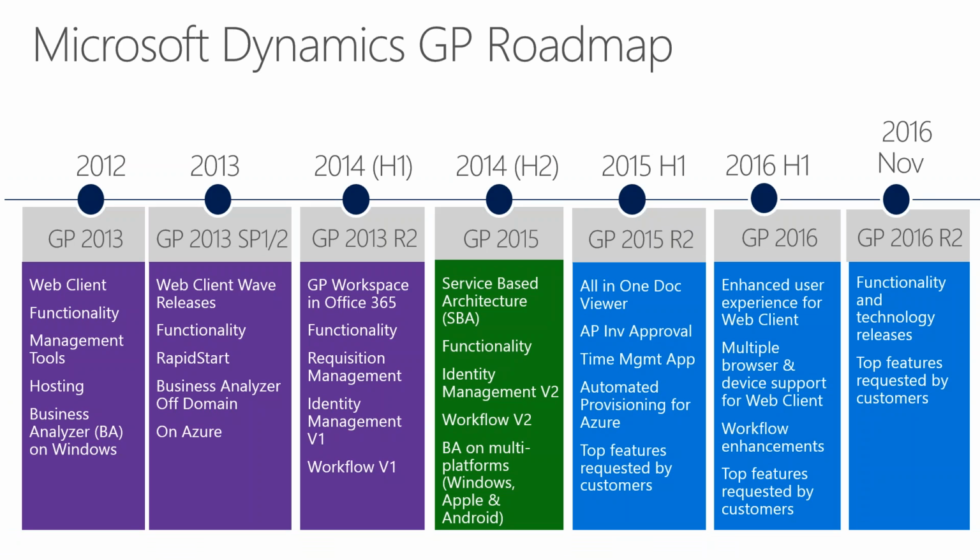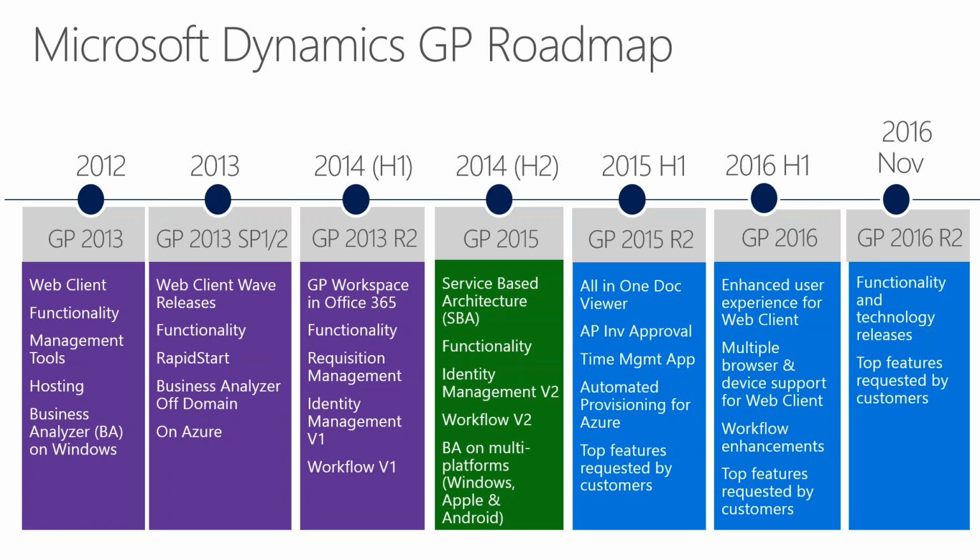So we're going to start by looking at the GP roadmap. We've come a long way since GP 2012. There's been a great deal of new features and functionality added over that period of time. The GP 2016 release was May 1st, just a couple of weeks ago, and the 2016 user features profile has had as many as 35 new features added.